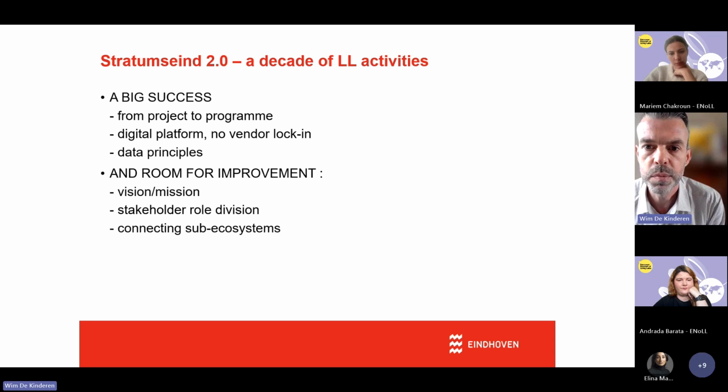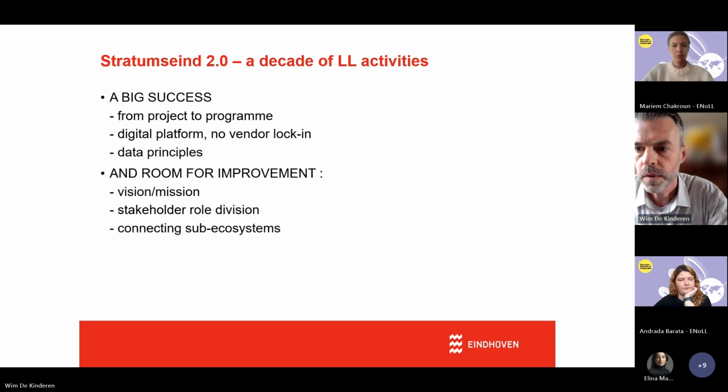About those data principles at the successes, I will come back in a few minutes, because as said, the vision and mission was getting a little bit unclear, actually. The role division between all stakeholders was confusing, and connecting the different groups, because this was one big city pulse living lab, but there were many sub-ecosystems within. The connection between them was getting blurry as well. So quite important lessons. That's story number one.